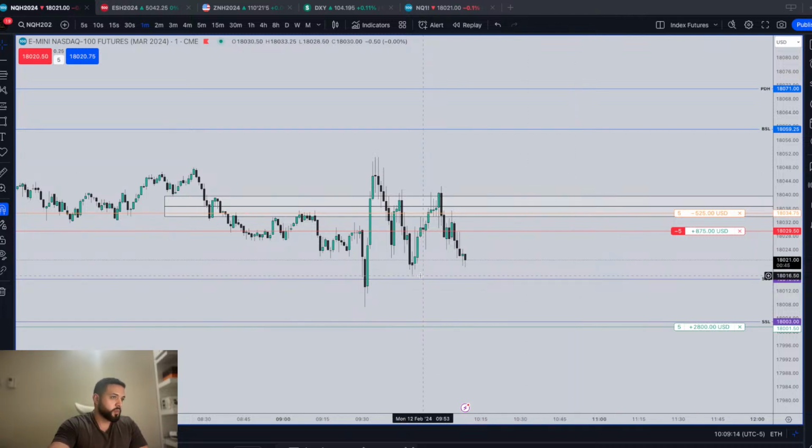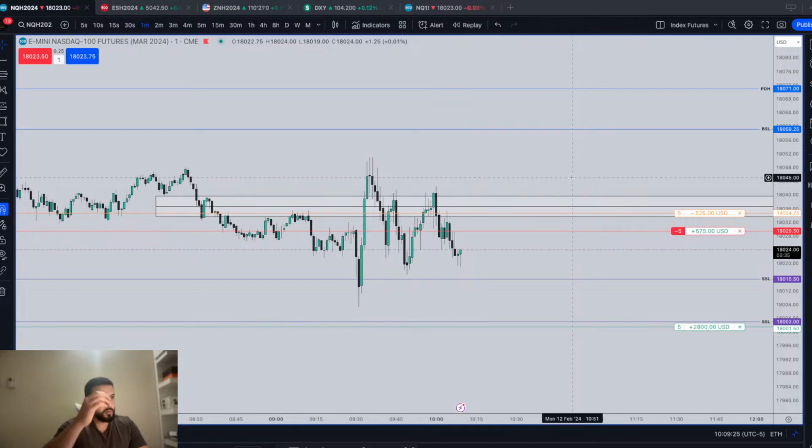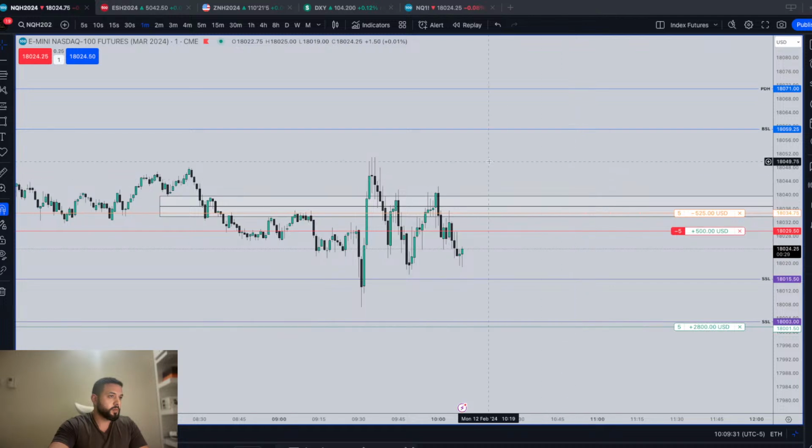I'm gonna close another portion if it dips below these lows, just for money management purposes. I don't like that reaction.